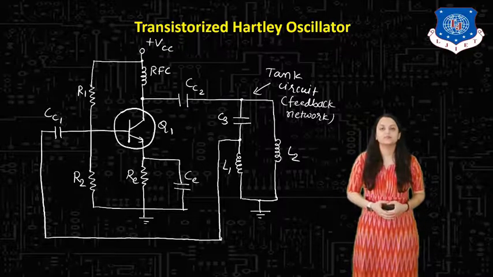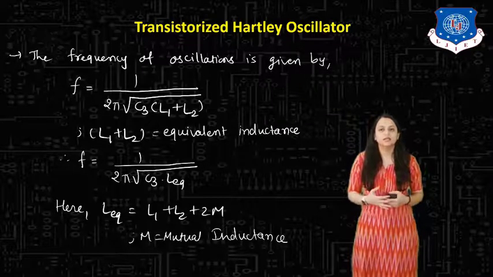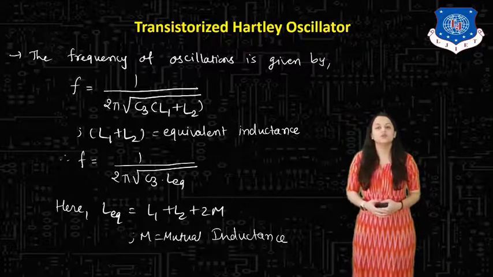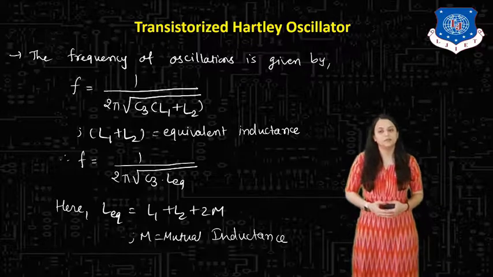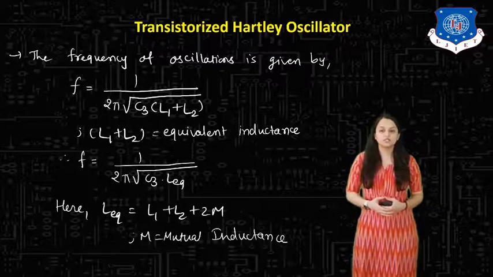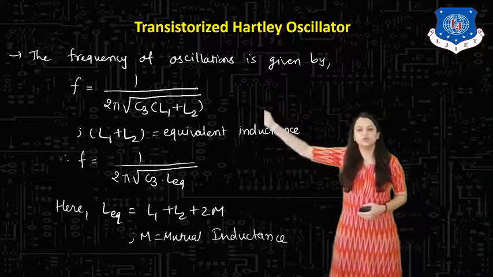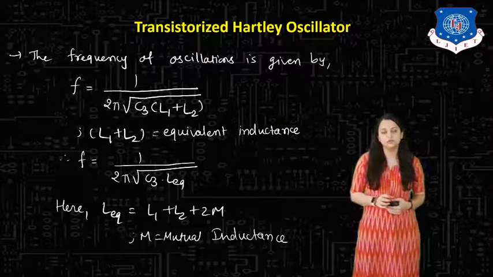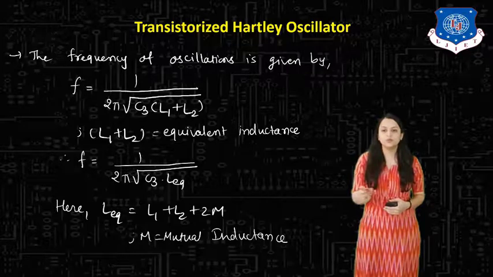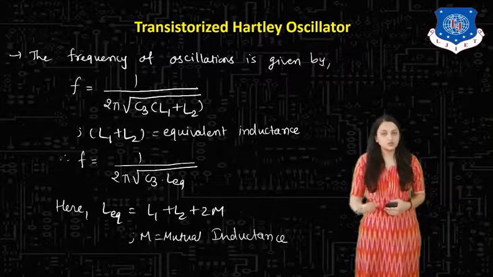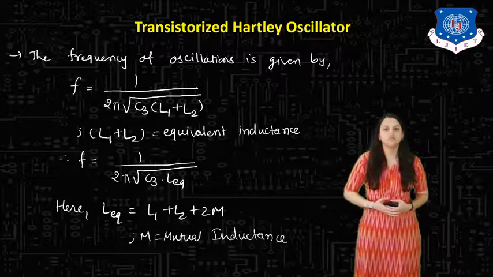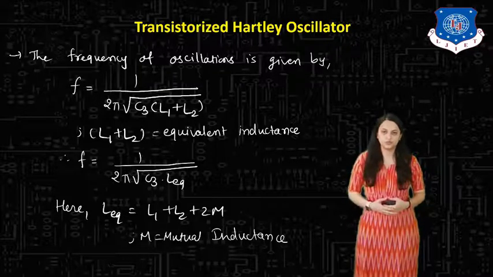Okay. Now, let us see the frequency of oscillations for this. For the transistorized Hartley oscillator, the frequency of oscillation is given as f equals 1 by 2 pi square root of C3 into (L1 plus L2), where L1 plus L2 is the equivalent inductance. As two inductors are there, we need to calculate the equivalent inductance, which will be the addition of these two inductors.